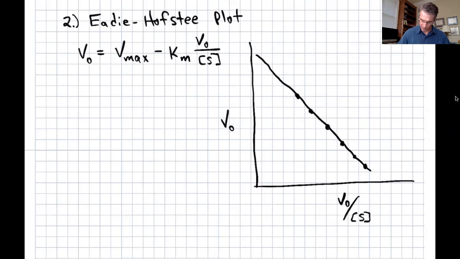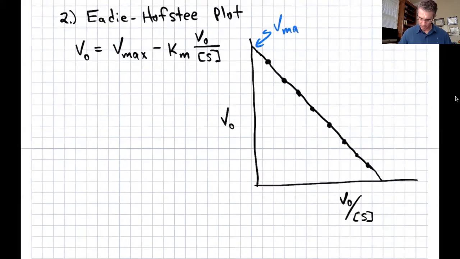They're evenly distributed across this space, which means you could, in principle, extract a more reliable fit to your data, where of course your intercept here is equal to the Vmax, right?